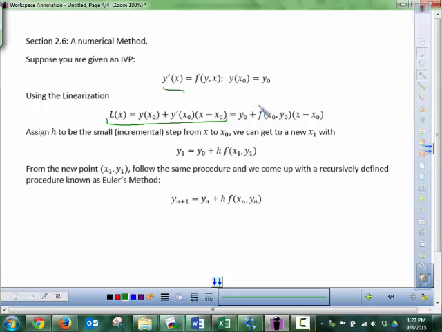And so it turns out that your slope, your y prime evaluated at x, is actually the f function, the whole right-hand side of your differential equation. And then your y value is just y naught.